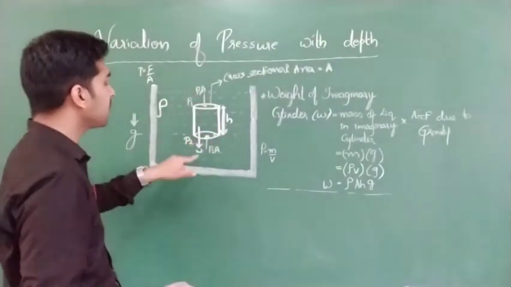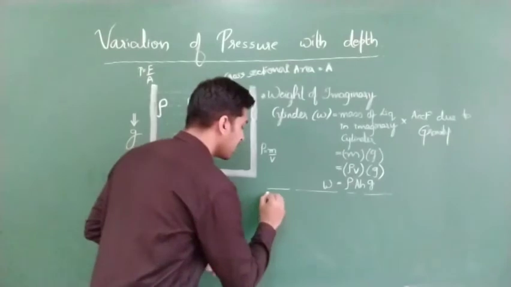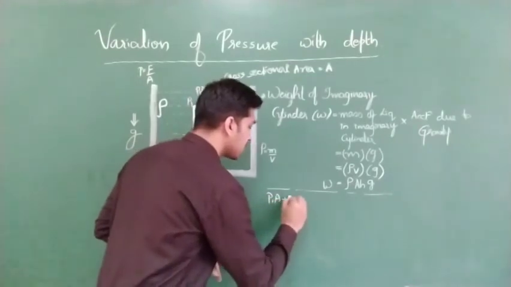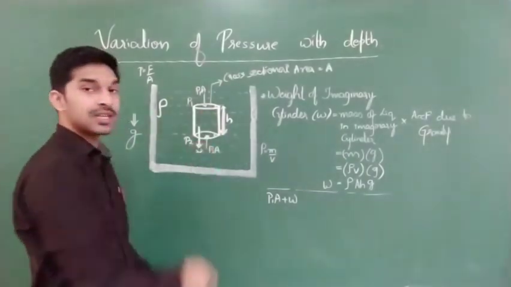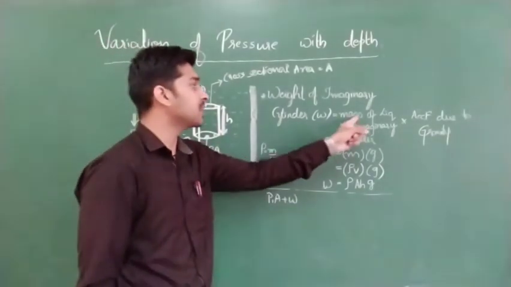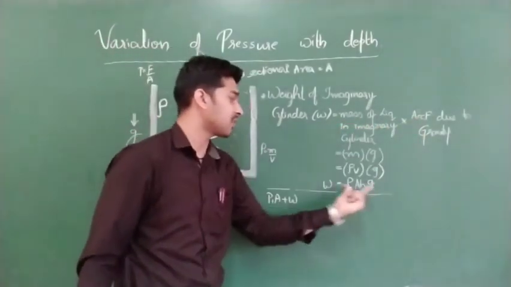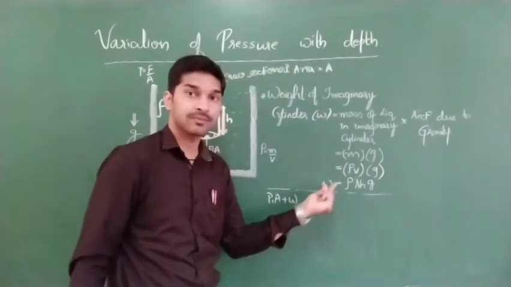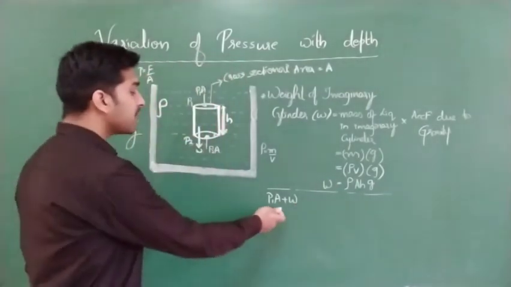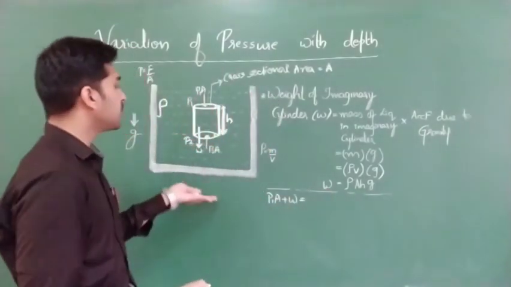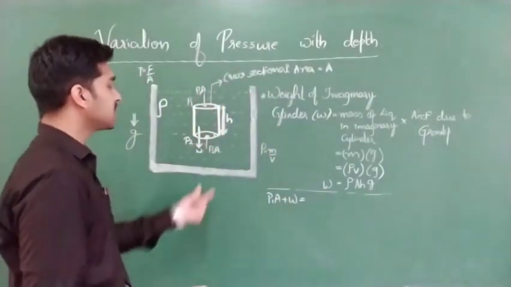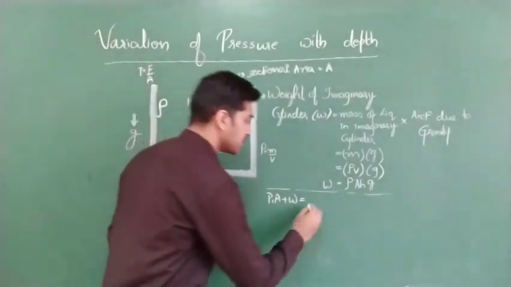So P1A plus W. W is nothing but weight. Weight is mass into acceleration due to gravity. Here we had calculated mass into acceleration due to gravity, and this value is nothing but the weight W. So P1A plus W should be equal to what? The forces acting in the upward direction, which is P2A.